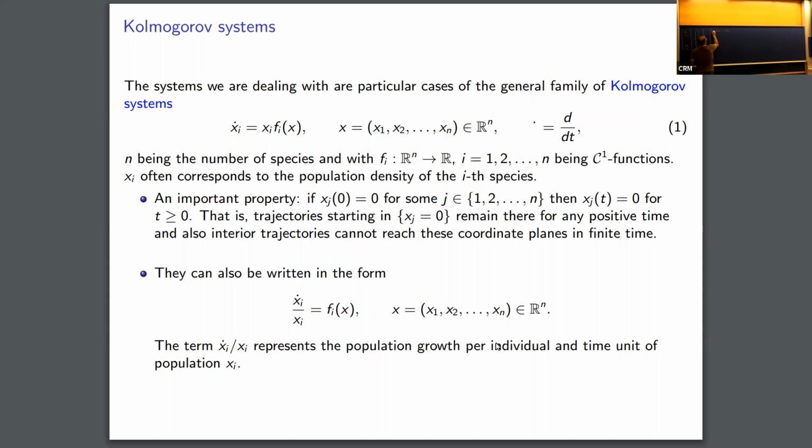In fact, this is 0, a_21, 0, a_2n, and then you have a_n1 and 0 here. Applied to x_1, x_2, ..., x_n. So I'm going to reduce myself to this kind of systems.